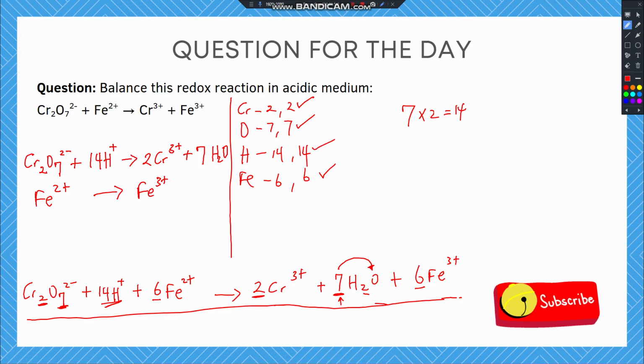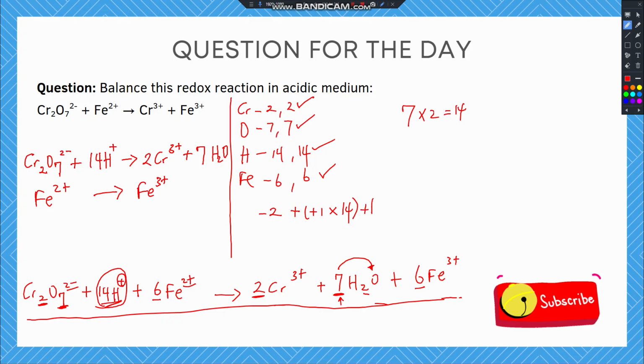Next question to ask is, are the charges balanced as well? Let's check it out. On the left side, you can see we have a charge of -2. Let's indicate it, -2 plus, we have a charge of +1 over here, +1 times 14, because of this coefficient of 14 in this atom. And then we have +2 over here.